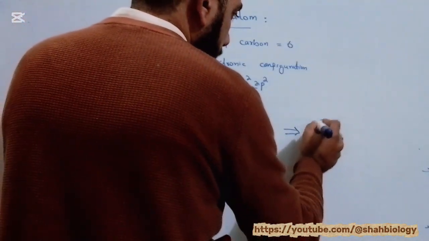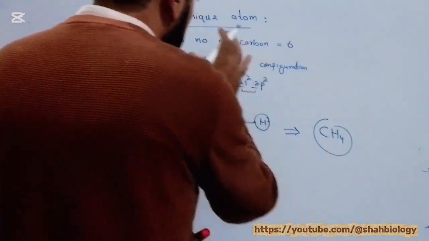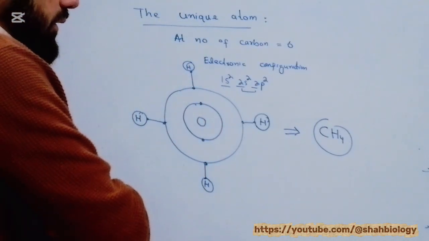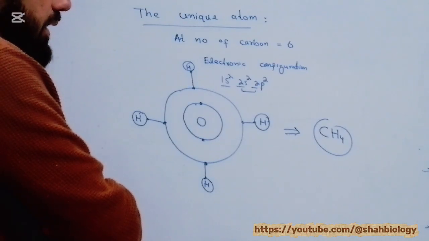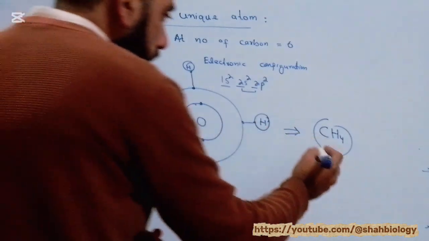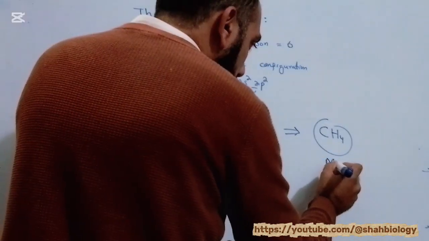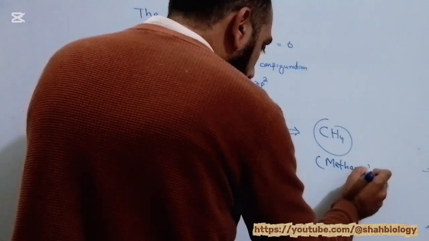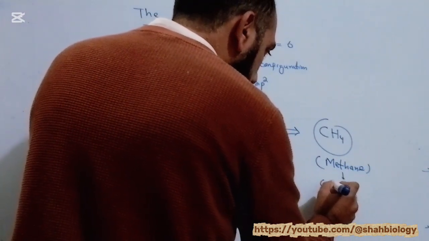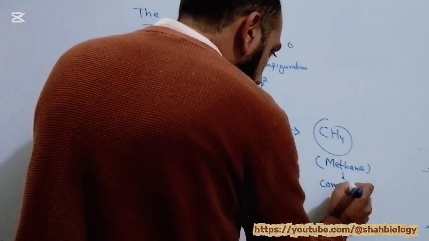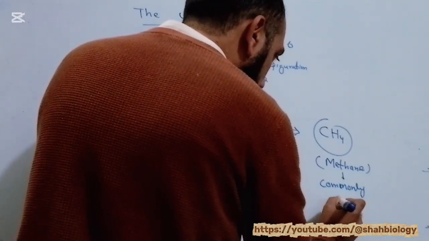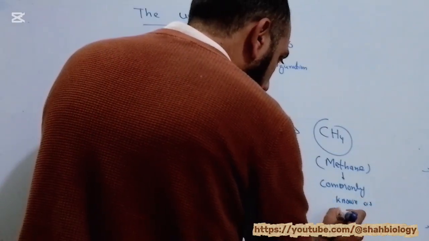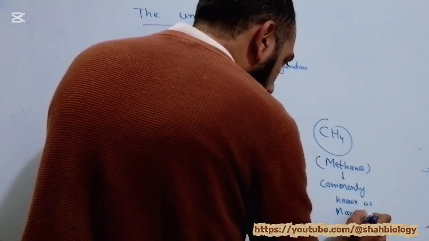We call it the first member of hydrocarbons, especially of the alkane series: methane, commonly known as marsh gas.